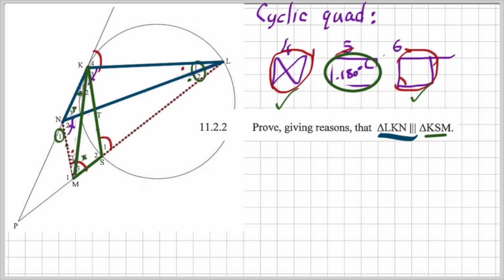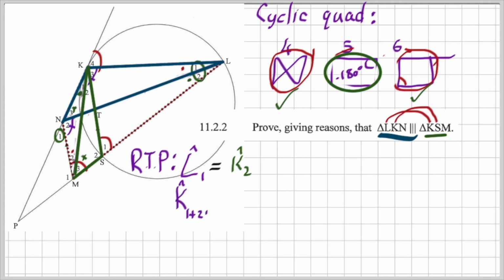First of all, in triangle LKN, L must be the same as K. In other words, L1 needs to be equal to K2, because L and K stand first in the respective triangles.